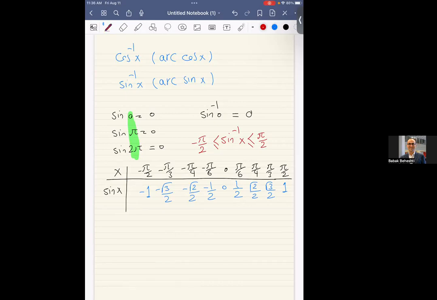Based on this table, the inverse is just a switch: you switch x and y for the inverse, right? Let me write x and sine inverse of x. So -1, minus root 3 over 2, minus root 2 over 2, minus 1/2, 0, 1/2.